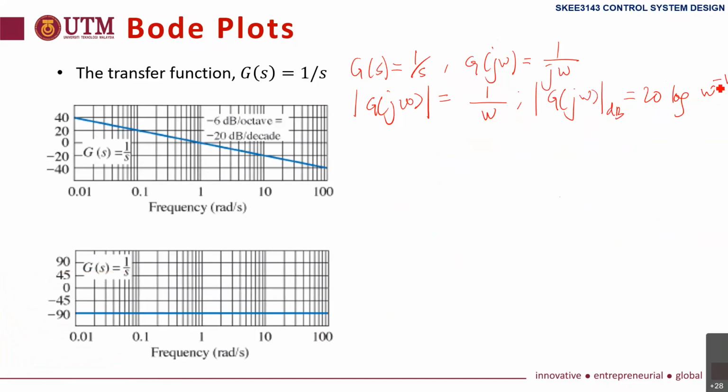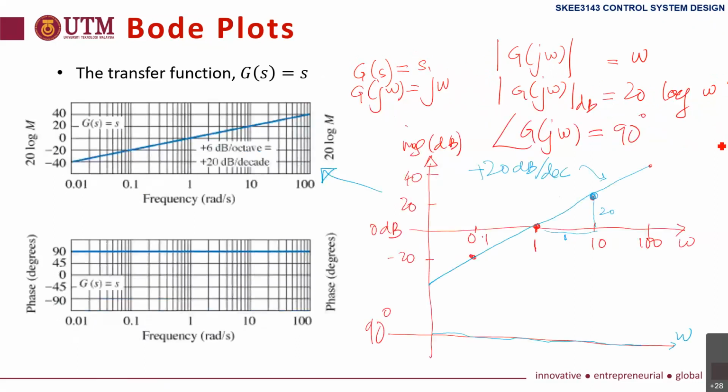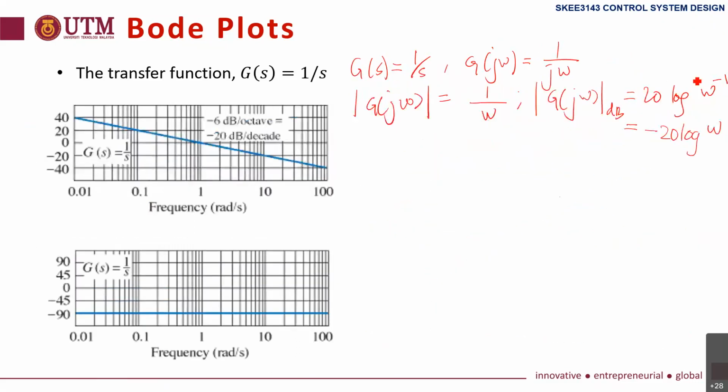Because in log, when there is a power, we can multiply it with 20. So actually it is minus 20 log omega. Previously, we got 20 log omega. But with 1 over s, it is minus 20 log omega. It's minus. Okay.